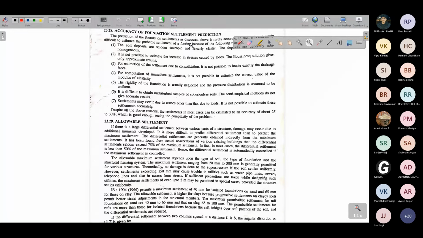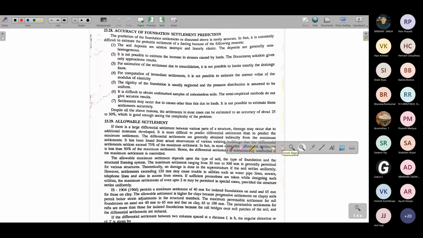foundation settlement prediction. Whatever we have seen previously, now this is very important. The prediction of foundation settlement as discussed above is rarely accurate.